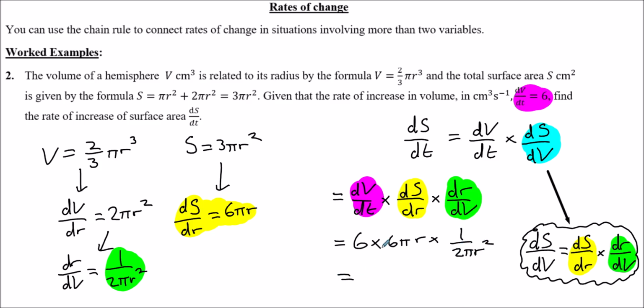So that's going to give us 36 pi r on the top. On the bottom we have 2 pi r squared. So 36 over 2 will cancel to give 18. The pi will cancel. One r will cancel with one of the r squareds on the bottom, so the r squared will just become simply r, and so that's going to give us 18 over r.